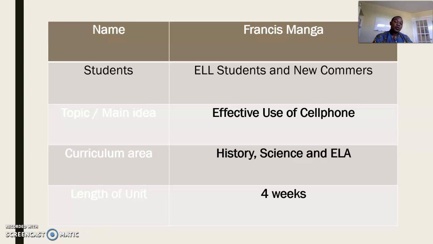So instead of using punitive measures, administration have chosen to use a more comprehensive and educational way to help those students navigate technology and then use it effectively for their learning.